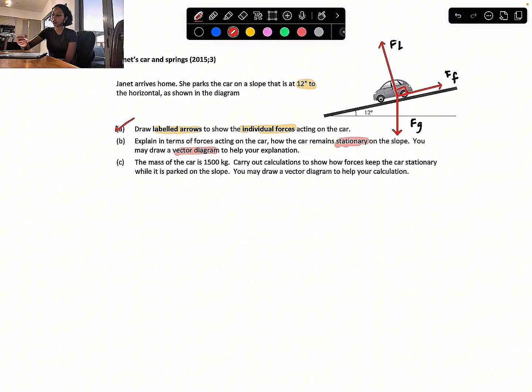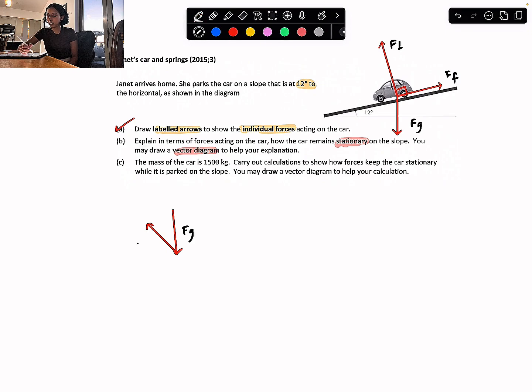Okay, so to draw a vector diagram, you have to add the vectors head to tail. I'll start off with gravity, which is acting straight down, FG. And then I'm going to pick my lift force, and I'm going to keep the angle exactly the same. Okay, it's on that angle as shown on the diagram.